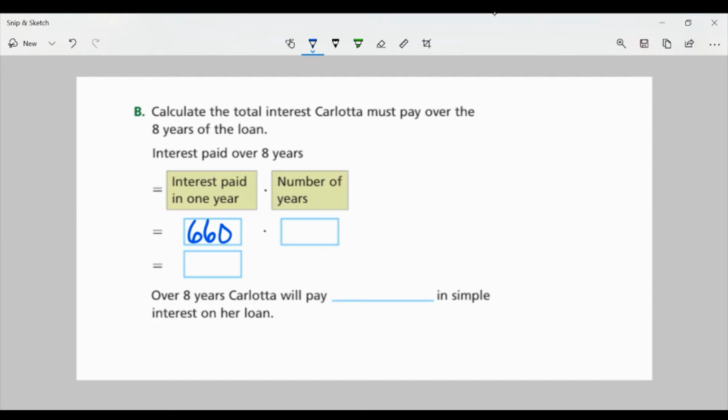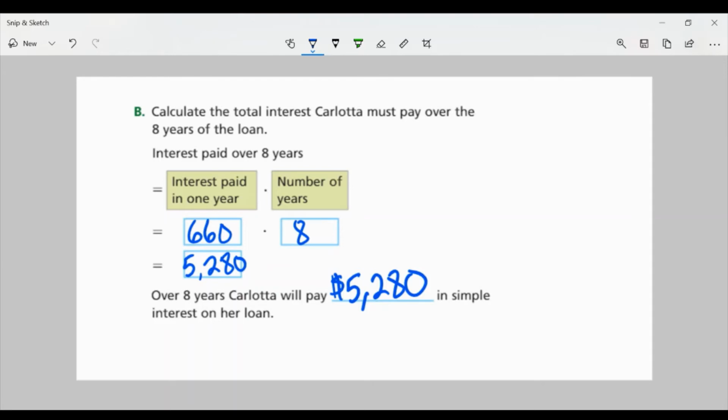And we're going to put in 8 for the number of years. Now, when I multiply this out, I will get 5,280. So that means Carlotta's going to pay $5,280 in simple interest on her loan.